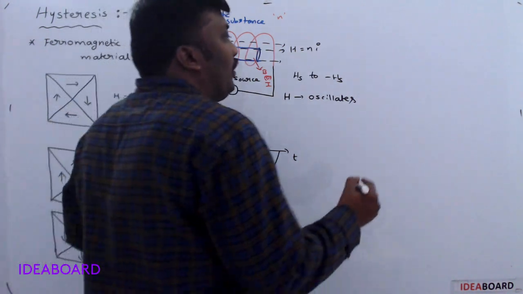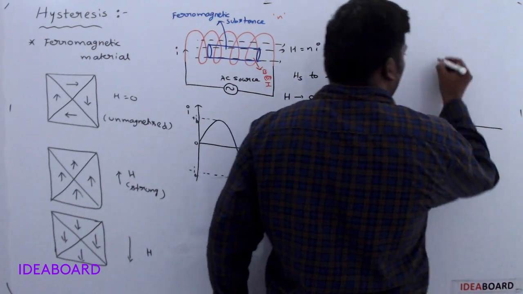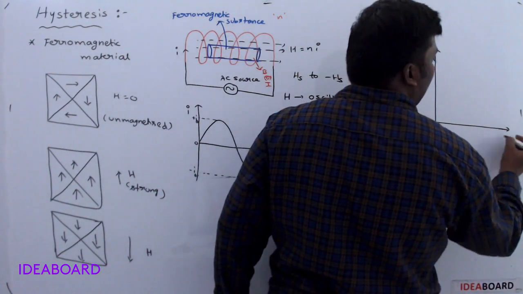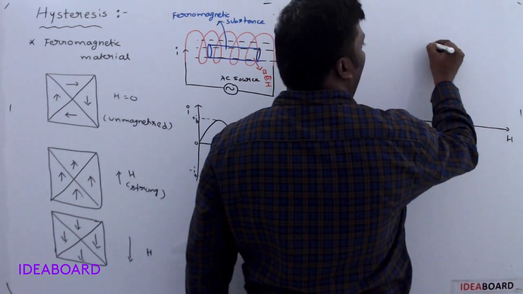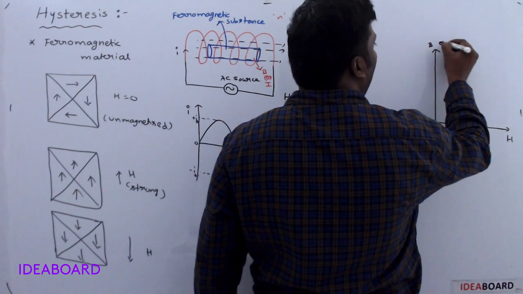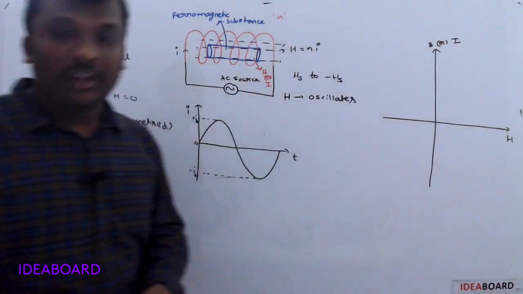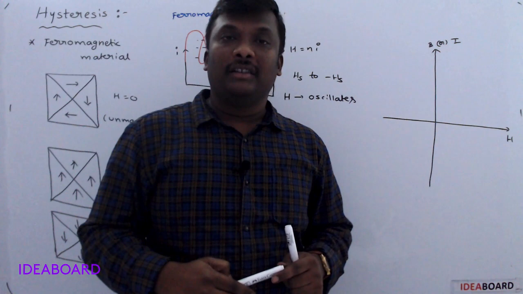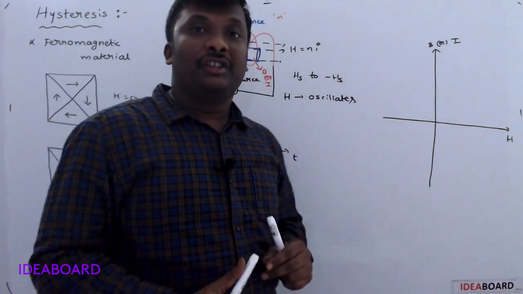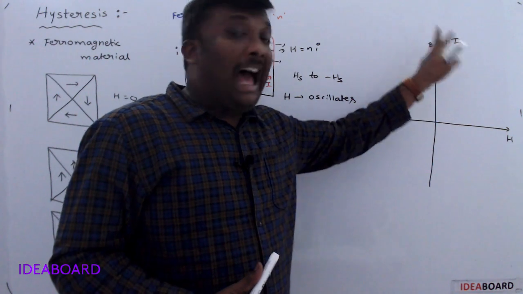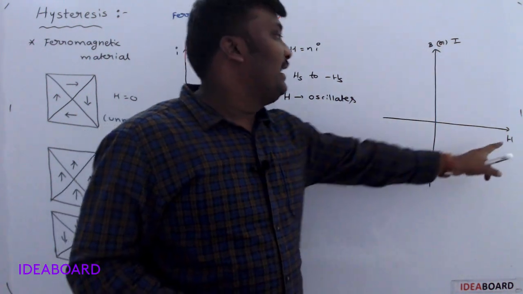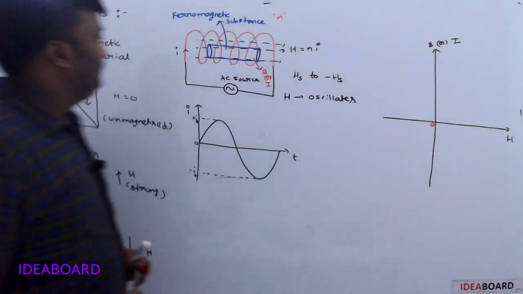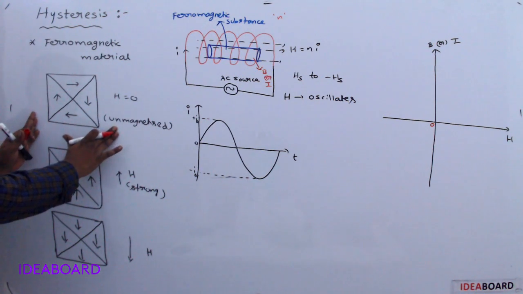Understand? Now, let us try to understand the concept by taking a graph. In this direction I take H and along the Y direction I take B or I. We know ferromagnetic materials are strongly attracted by magnets, and the intensity of magnetization is always very high and changes non-linearly with H. Initially H is 0, so it is an unmagnetized material.